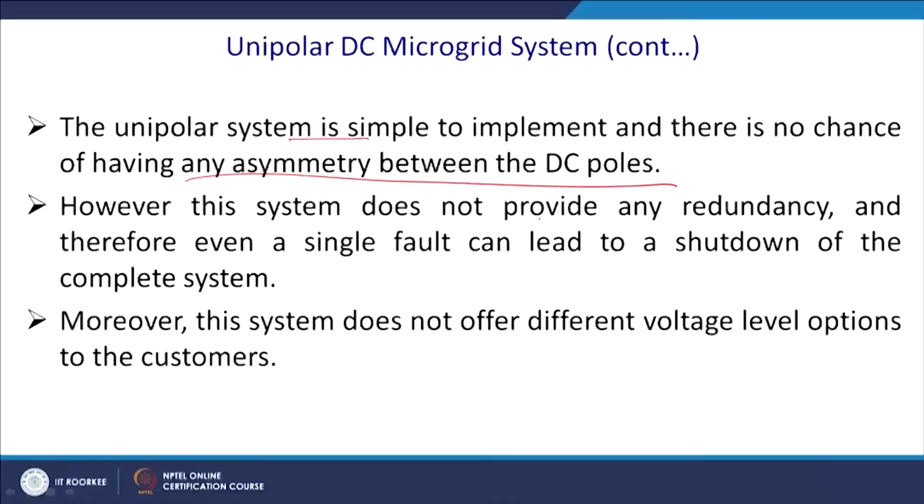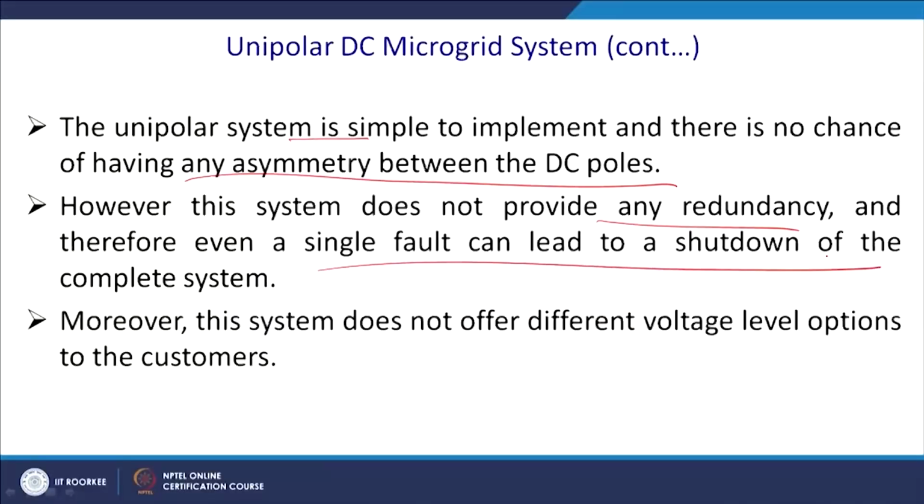However, the system does not provide any redundancy. If one line goes out, the power is going through the single line, and if that is disturbed, ultimately you have to live without power. Therefore, a single fault can lead to the shutdown of the complete system. That is the vulnerability and you require protection.